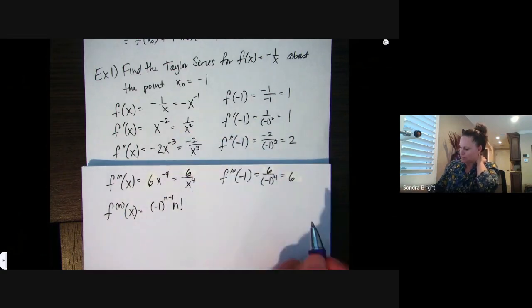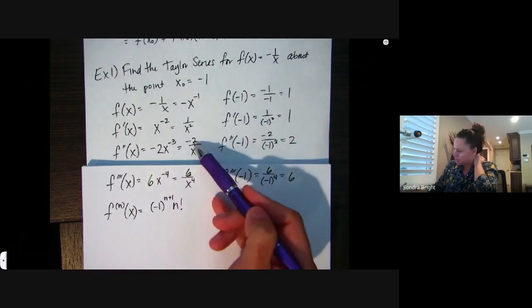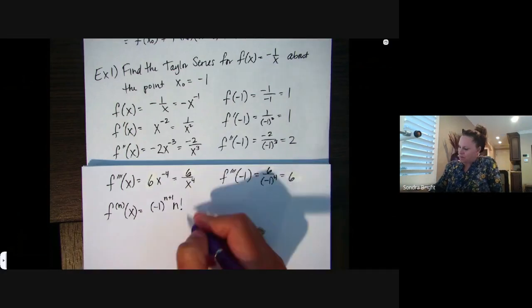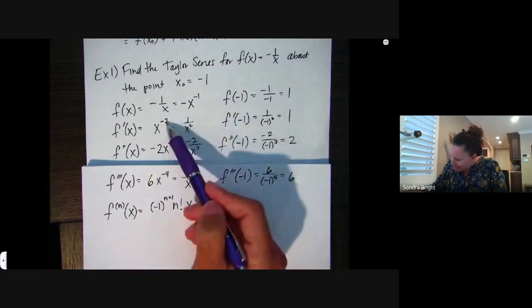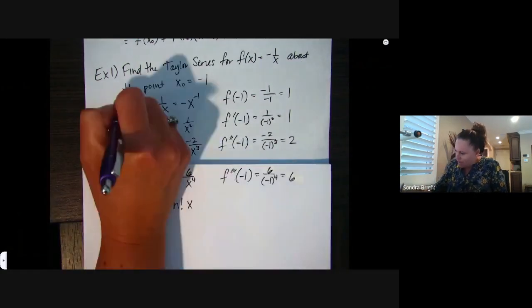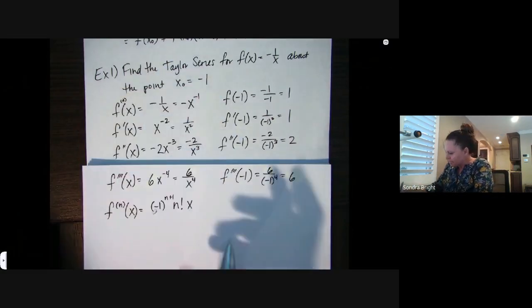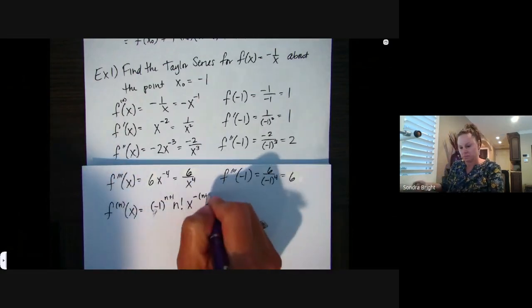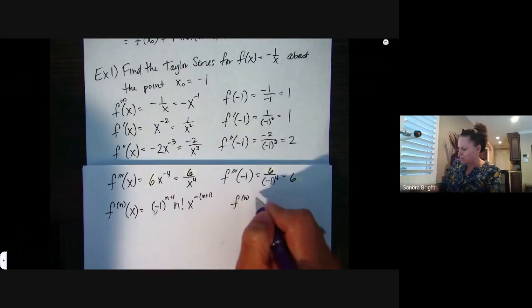It's 2 factorial, 3 factorial is 6. And then times an x to the, when you plugged in a 0, you got negative 1, and then when it was a 1, it was a 2, because your n is a 0 here, and then a 1, and then a 2, and then a 3 when n is 3. And so it's a negative, but then n plus 1 power. That makes sense?